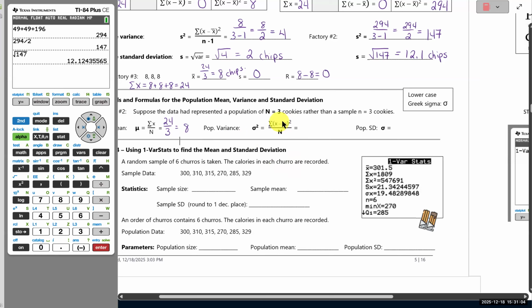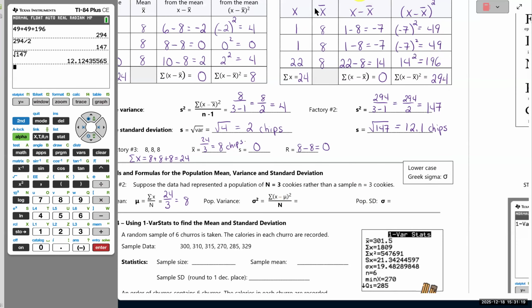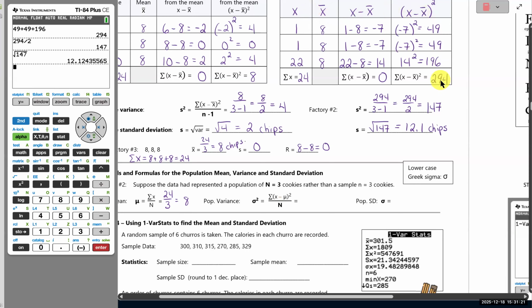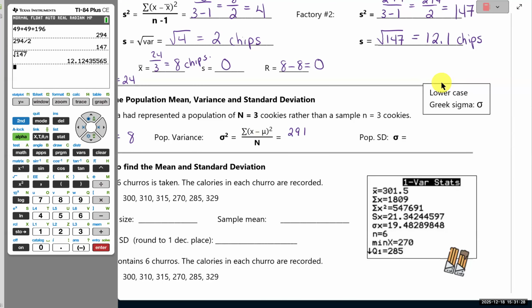And notice the numerator, the math is still going to be the same. The only difference is instead of seeing an x bar in the formula, it's a mu for the mean. But the column will still end up being 294. So these symbols at the top might be different, but you're still going to get 294 when you add the squared deviations. So that's still 294. But here's the difference.